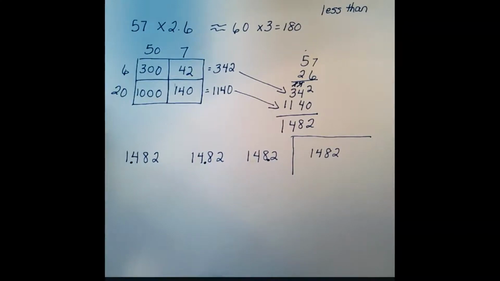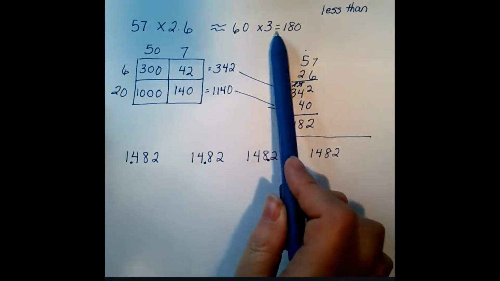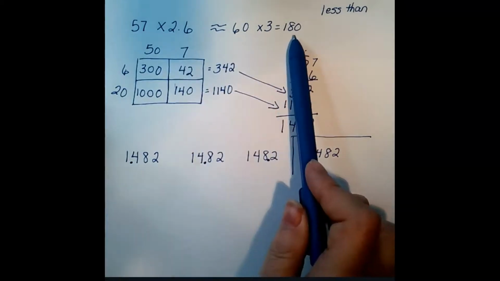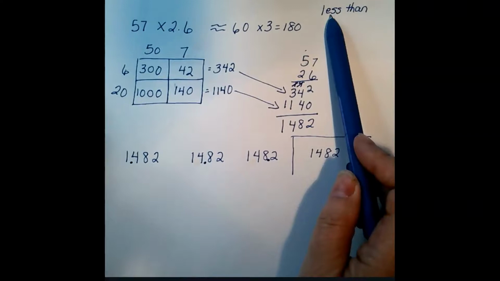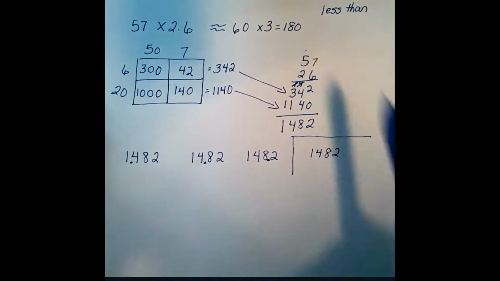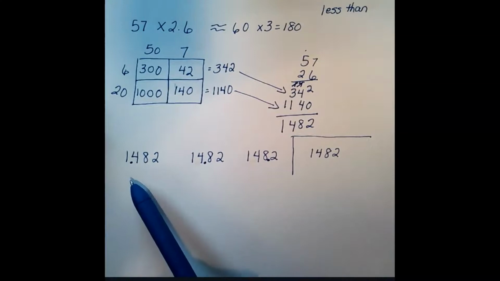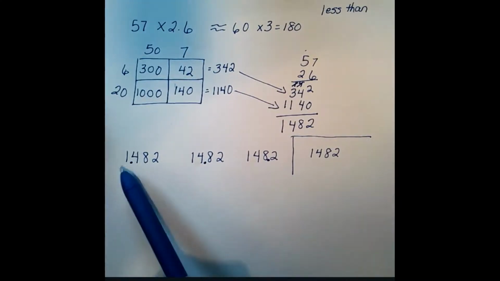I want to also compare it with the estimate that I came up with in the beginning. I said that the answer to our original problem should be around 180. I also determined that it should be less than that 180. So if it should be around 180 but less than, let's look at where the decimal points are in these 3 choices.